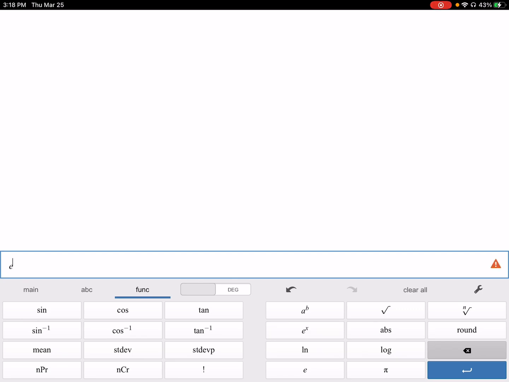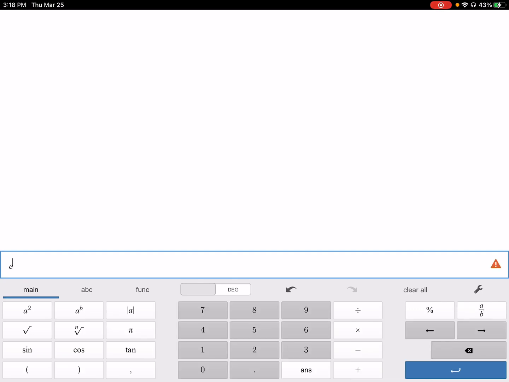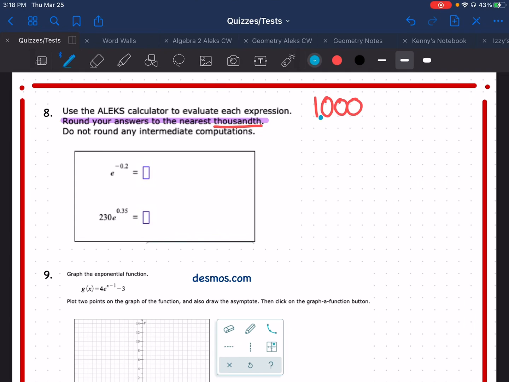There it is. And then I'm going to go back to the main. And I'm going to put in negative 0.2. Yes. And there it is right there. There's my decimal. So I got, oops, too many zeros. There we go.